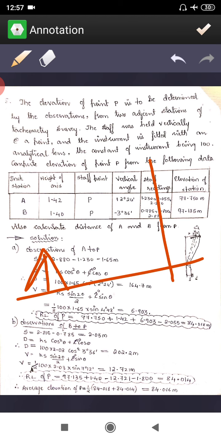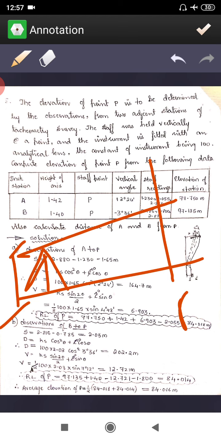See here, what you are having, station at A, height of axis they have given, this is going to be 1.42.